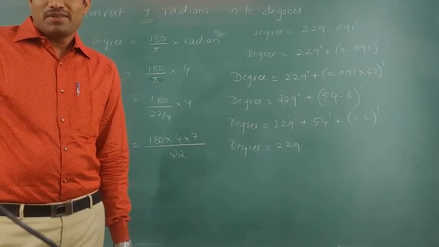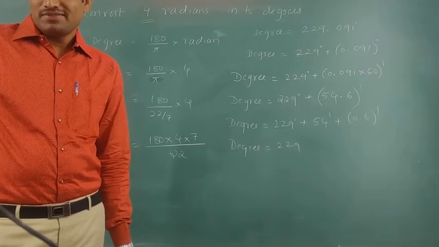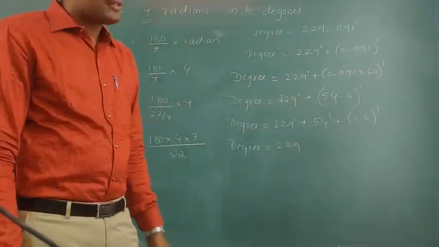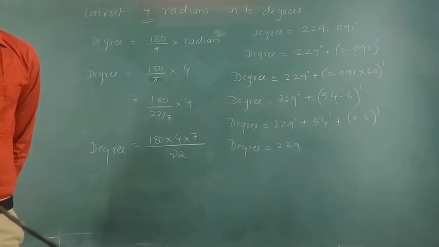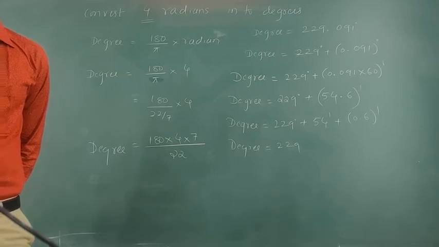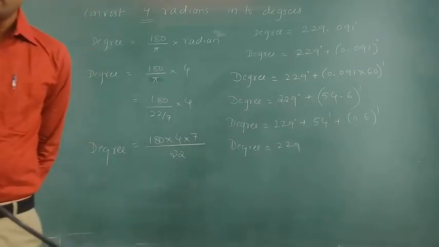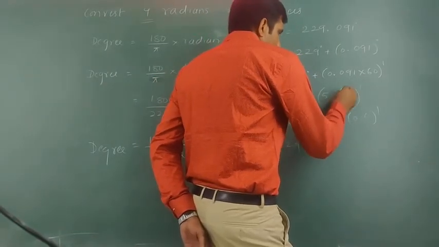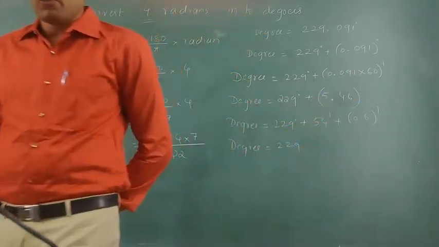I request everyone to use the same company's calculator. Please use the calculator and tell me what is 0.091 into 60. It is 5.46, right?